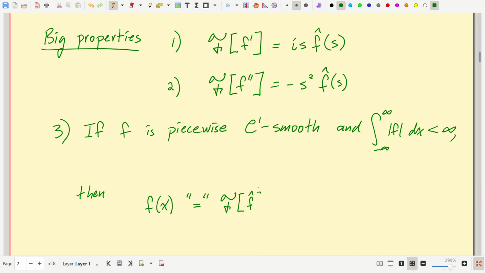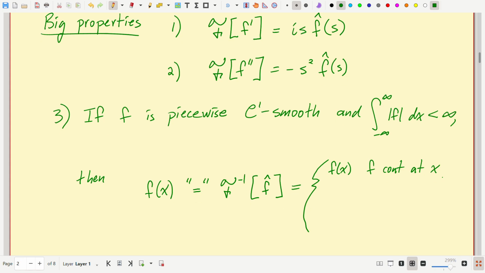Quote, it's equal to the inversion formula. That's the inverse of the Fourier transform, in the sense that where f is continuous, this would be f of x. When f is continuous at x, of course it's C1 smooth, so where it's differentiable and nice, it's continuous.